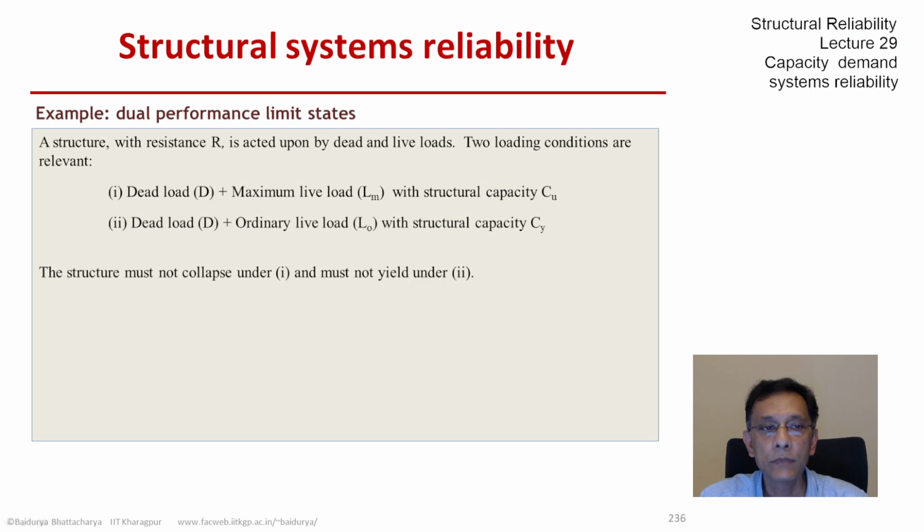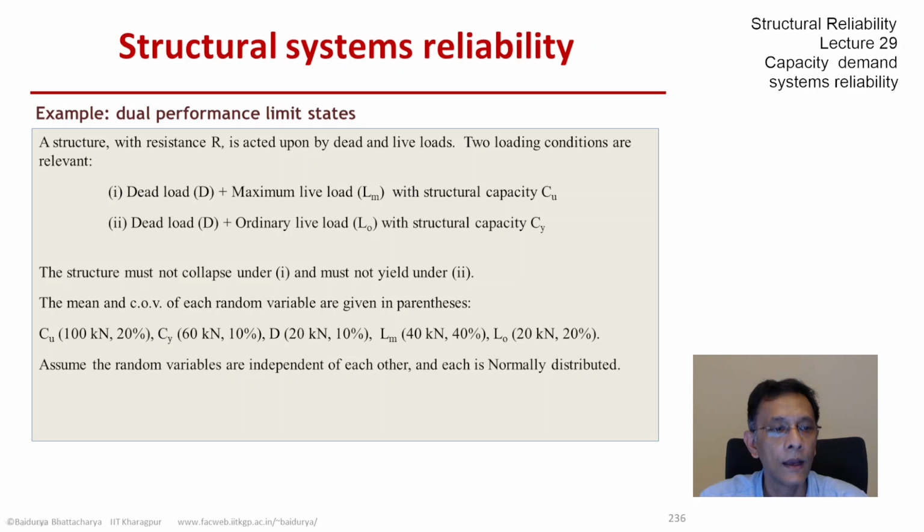Under the maximum live load situation, the structural capacity which is relevant is CU, and for the ordinary live load we have CY, C yield. The requirement is that the structure must not collapse under 1, meaning the load combination or the demand 1, and it must not yield under 2. So 2 different sets of expectations.